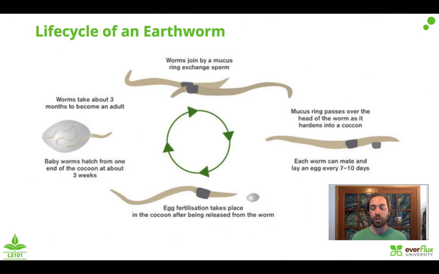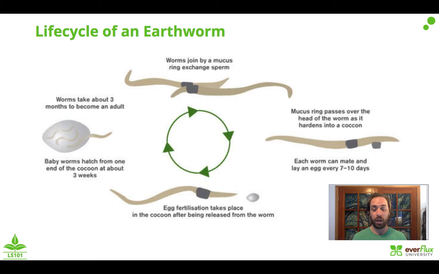So first we're going to talk about earthworms, and we're going to spend a significant amount of time on earthworms because earthworms are potentially the most important of all these micro livestock. Earthworms really have no downsides, they have no enemies in the soil, and they have huge benefits for the soil ecosystem.